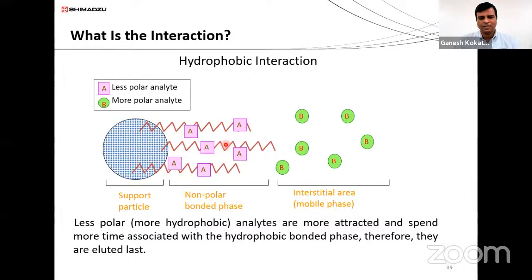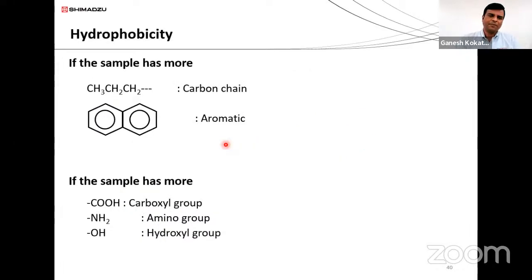So what happens in that scenario? For example, if you check the hydrophobicity, there are two different components. I'm taking the example of a carbon chain, and the second is an aromatic component. And there are different components in other samples as well, for example an acid, or maybe ammonia, or maybe some hydroxyl component.